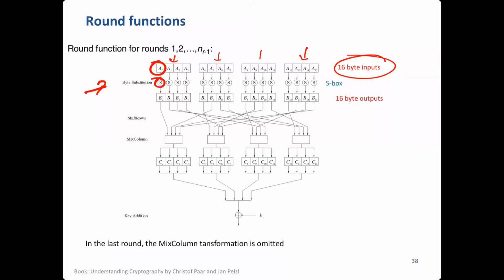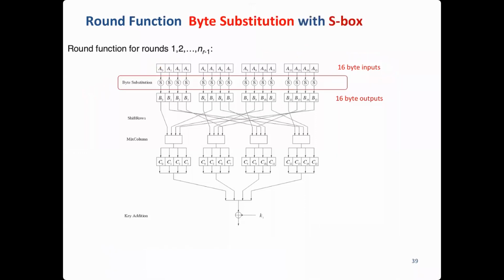Then we look at what these contain, and from that we transform, say, A0 to B0. So let's look at what this byte substitution function is. We'll look at this in the next slide.